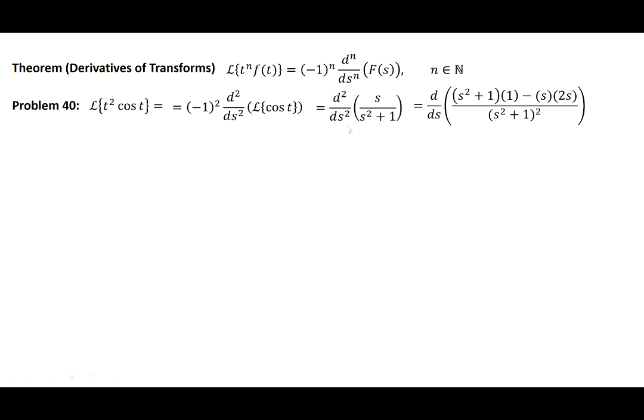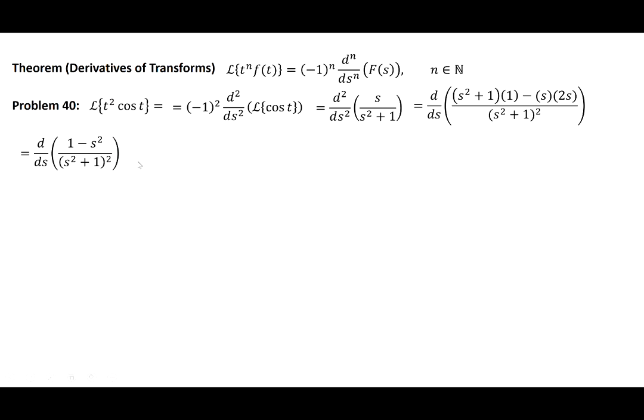So I reduced the second derivative to the first derivative because I've already computed the first derivative here. Now we need to differentiate this again with respect to s, but before we do that, let's see if we can simplify this. Yeah, we can write this as s square plus 1 minus 2s square, which reduces to 1 minus s square.